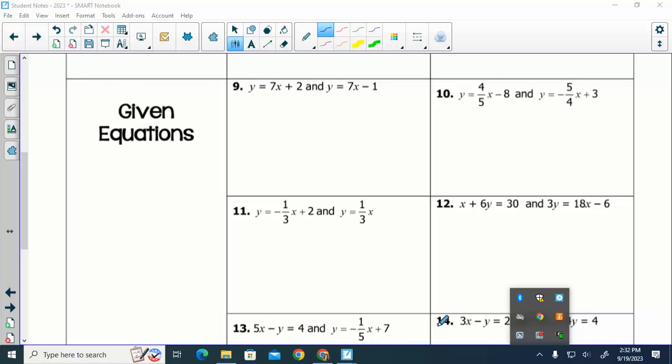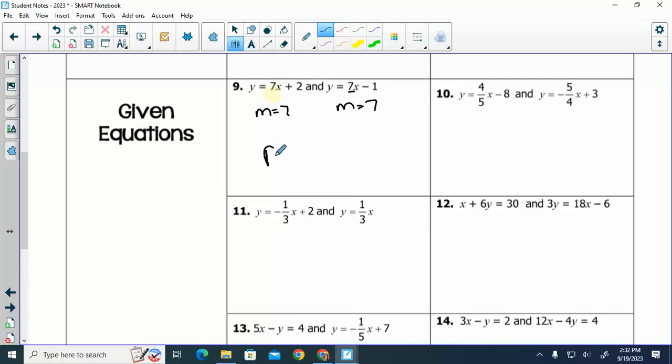How do you find the slope of these lines? They have to be in slope-intercept form. y equals mx plus b. And then the slope is just our coefficient on x. So this first one, my slope is 7. My second one, my slope is 7. So these are parallel.